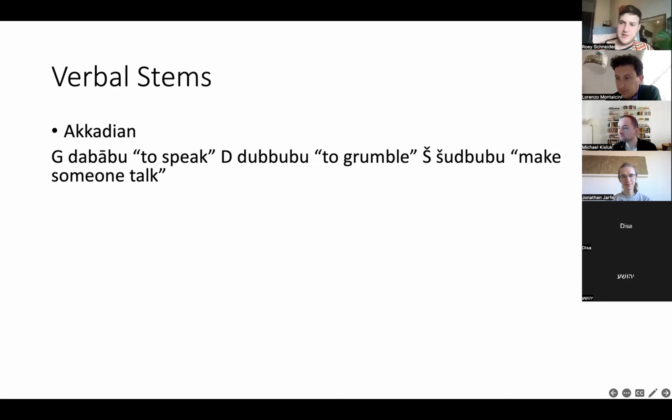So if we add the kind of nominal patterns that we saw that give a more specific meaning, verbal stems are variations on the verb that create a new paradigm with a new inflection, and that means something close to the original, but slightly different. So dubbubu, to grumble, shudbubu, to make someone talk.